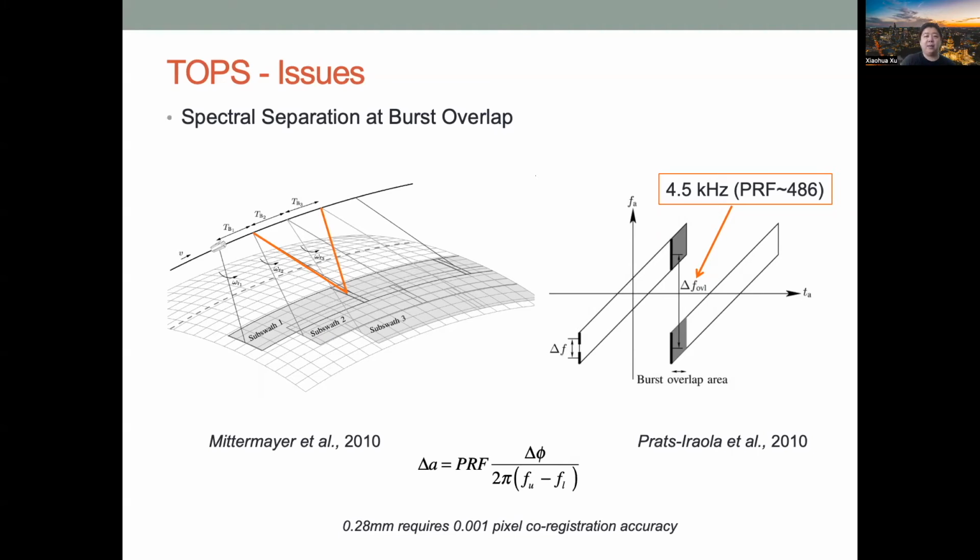This also means that any azimuthal misregistration will be magnified by this spectral difference and get reflected in the interferogram as burst discontinuities in the radar phase. A rough estimate is one has to co-register the image to better than 1,000th of a pixel to not see any discontinuities in the interferogram.